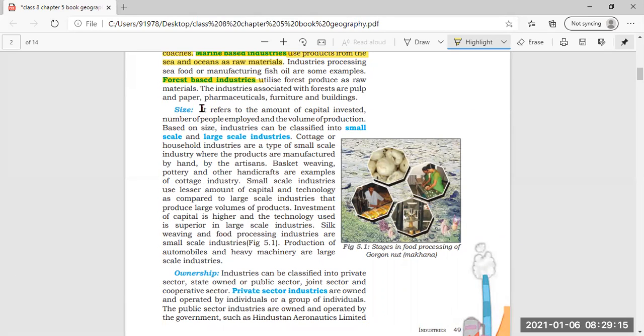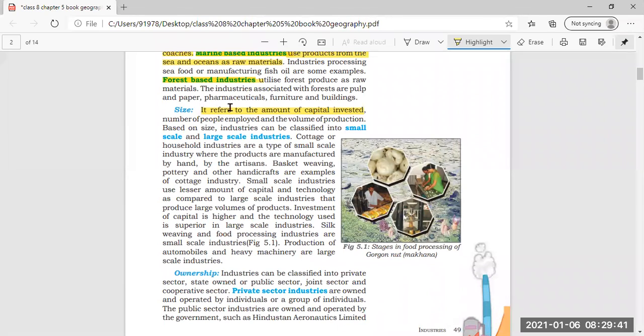Size refers to the amount of capital invested, means how much money is invested in that particular industry, how many people are employed in that industry, and how much production is made from that industry. That all accounts for the size of the industry.